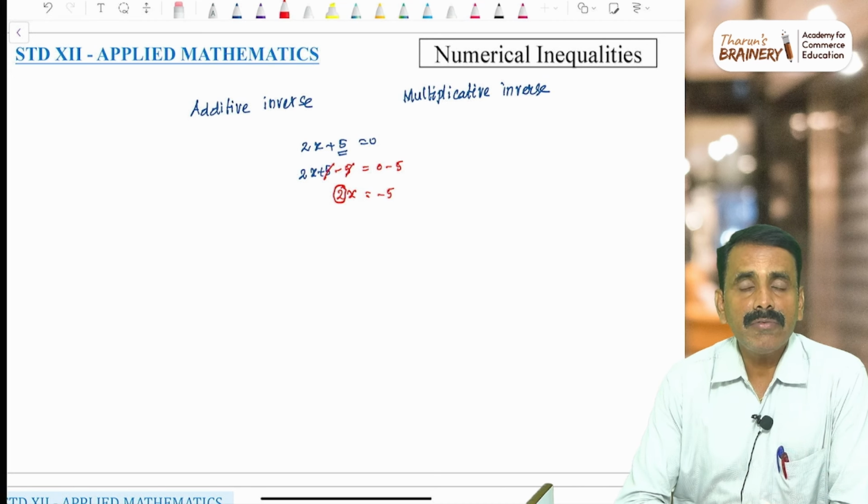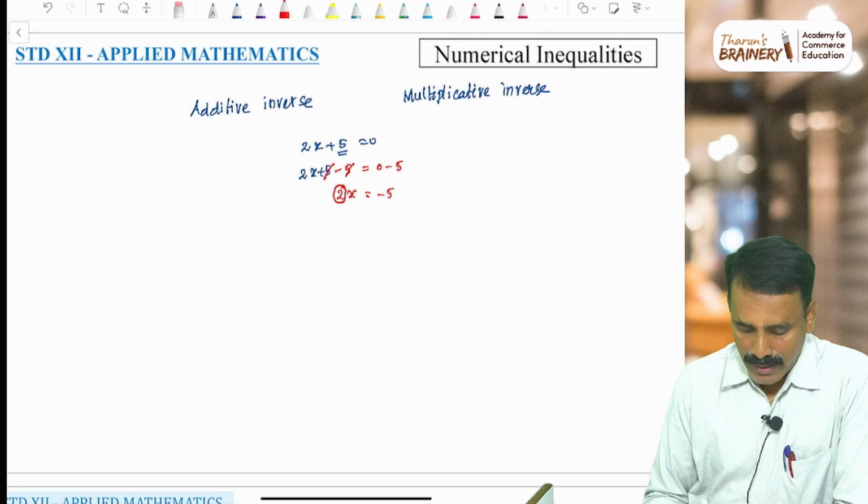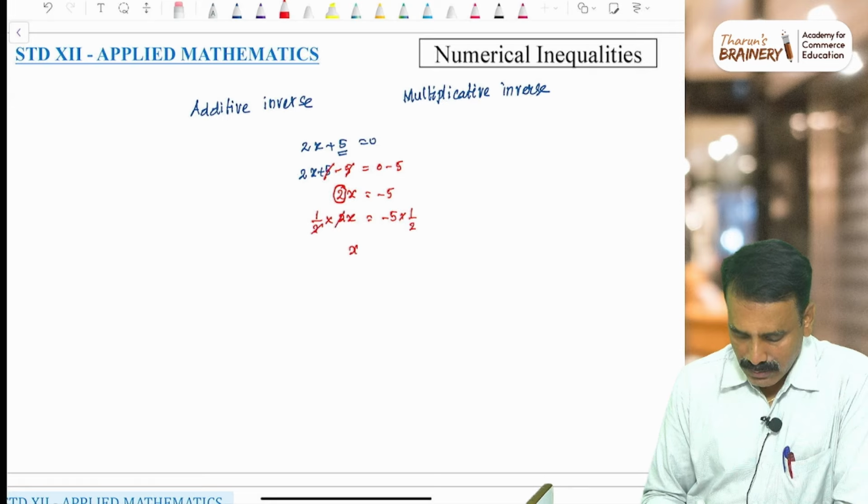What is the multiplicative inverse of 2? It is the reciprocal of 2, it is 1 by 2. So multiply with 1 by 2 on both sides. So 1 by 2 into 2x is equal to minus 5 into 1 by 2. Here 2 and 2 get cancelled. So x is equal to minus 5 by 2.